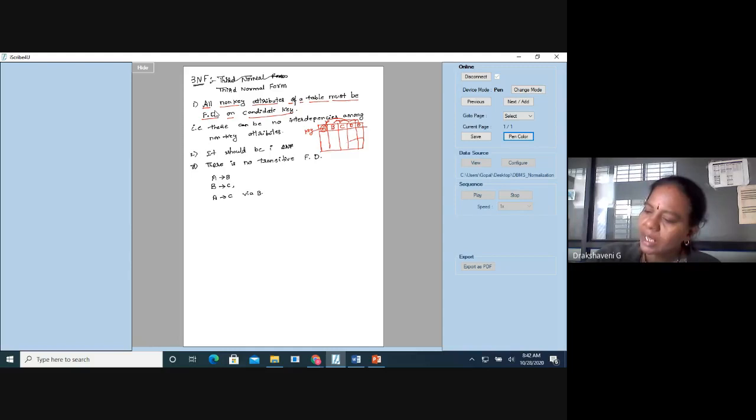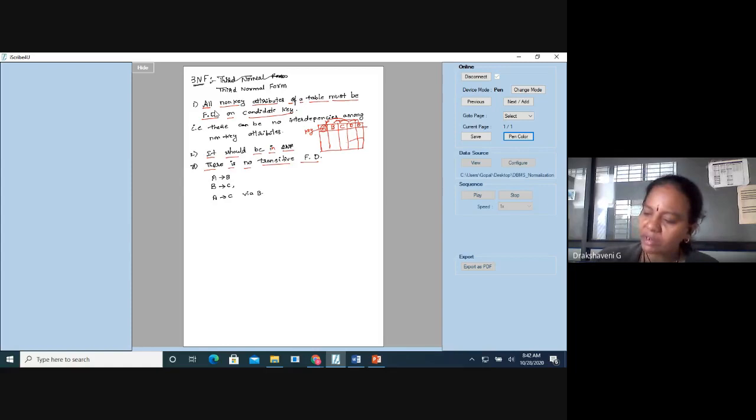Then there can be no interdependency among non-key attributes. Then what does the second point say to us? It should be in second normal form, and there is no transitive functional dependency.